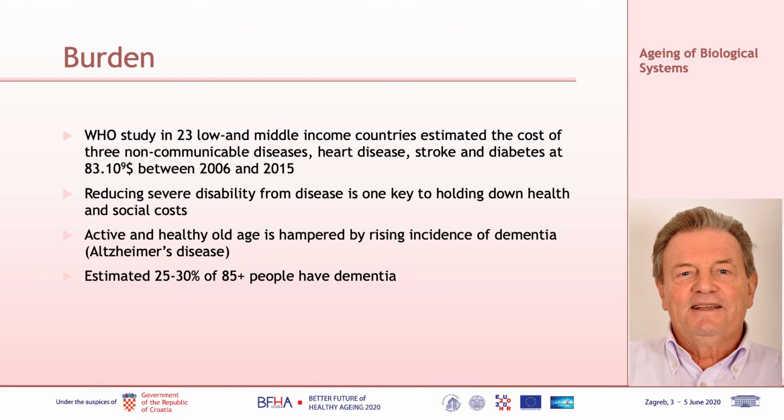Reducing severe disability from disease is one key to holding down health and social costs. However, active and healthy old age is hampered by the rising incidence of dementia, Alzheimer's disease. And it is estimated that at present, 25 to 30% of people older than 85 years have dementia. Next slide.